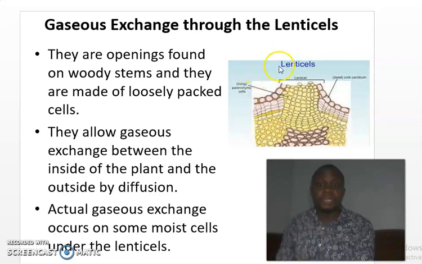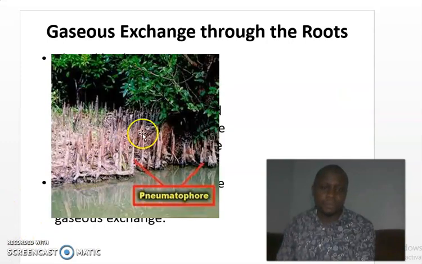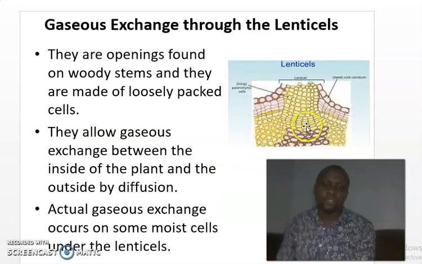That is because there is higher concentration of carbon dioxide outside during the day than inside. Carbon dioxide will move into the lenticel found on these pneumatophores, and diffuse into the corky cells which are loosely packed, dissolve on the surface of the cells and move into the cytoplasm.